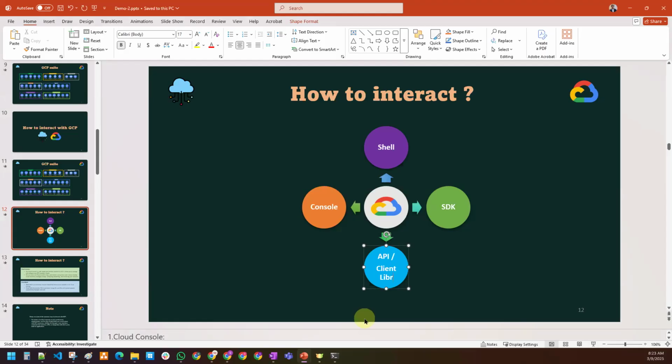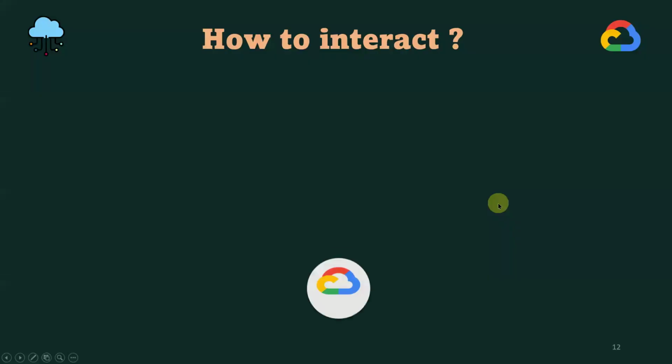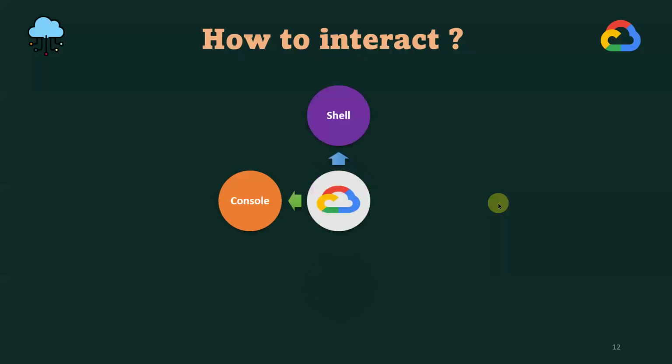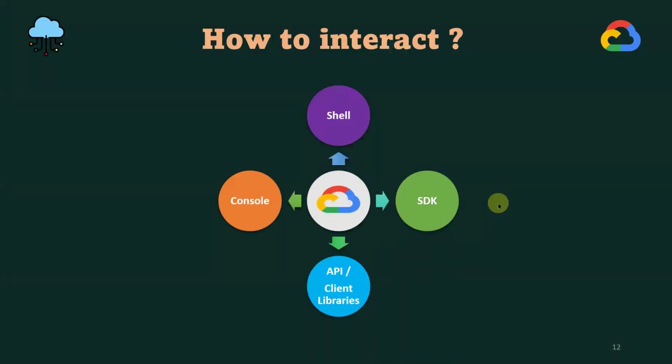That is the main important method, client libraries. So now we have the console, Cloud Shell, Cloud SDK, and APIs or client libraries. I hope this is clear.